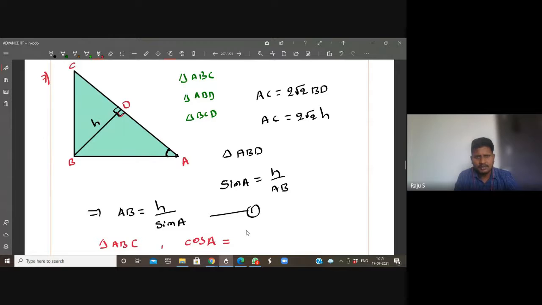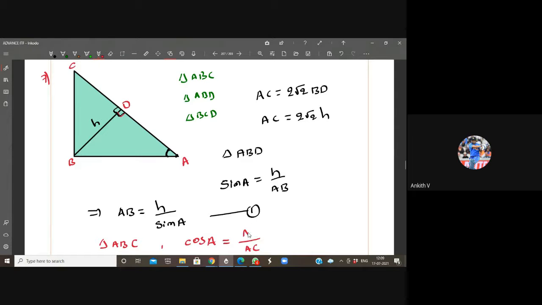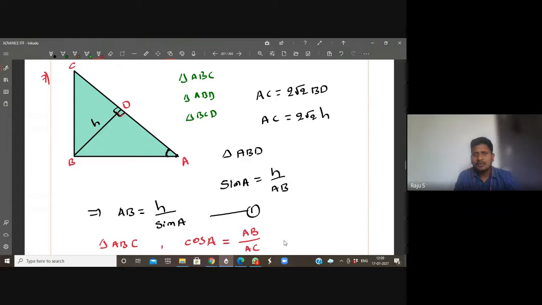Triangle ABC, the hypotenuse is AC, and the adjacent side is AB. Yeah, AB.